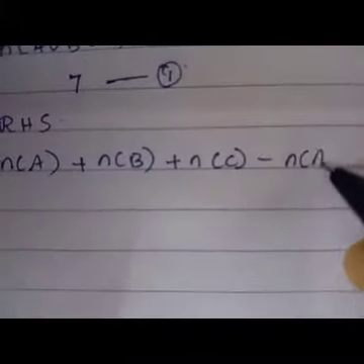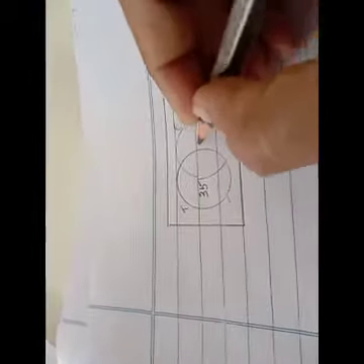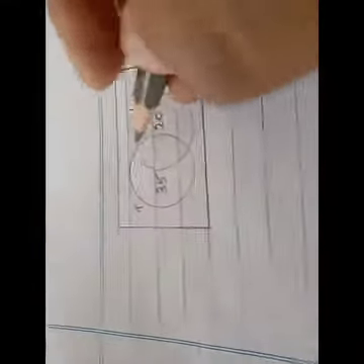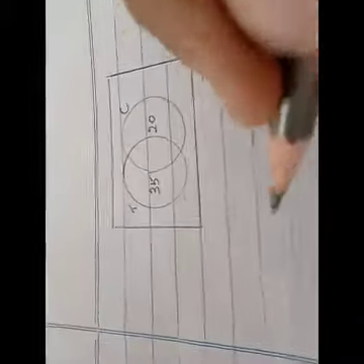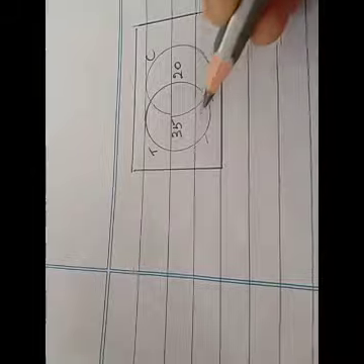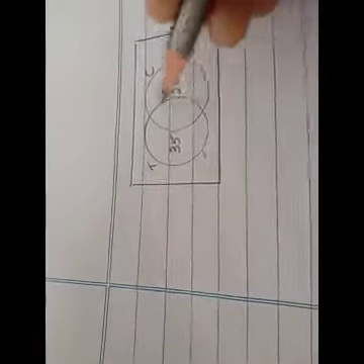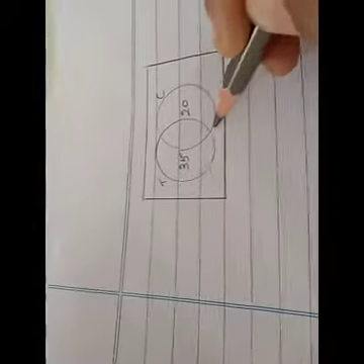They didn't give the number of people who like both tea and coffee, and they ask you to find it. If they didn't give this value, you should not go with the Venn diagram method. It is easy to use the formula method.